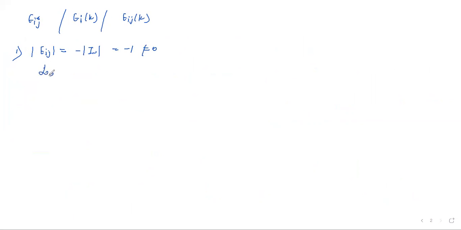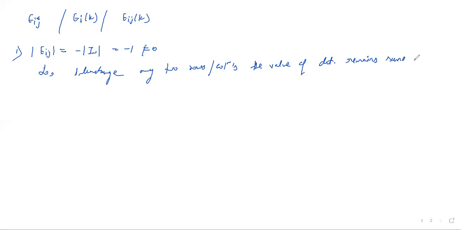From this we got an important result: when we interchange any two rows or columns, the value of the determinant remains the same in magnitude but changes in sign.